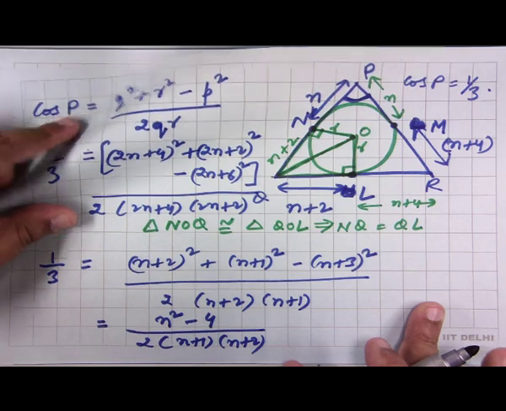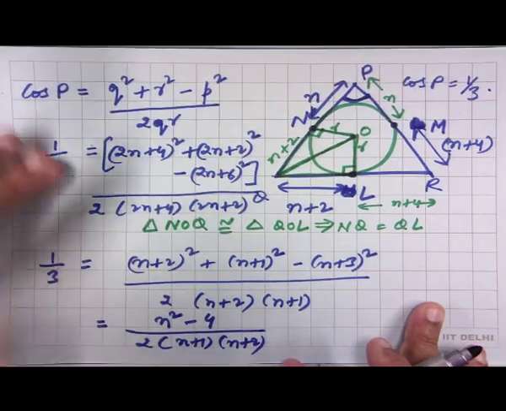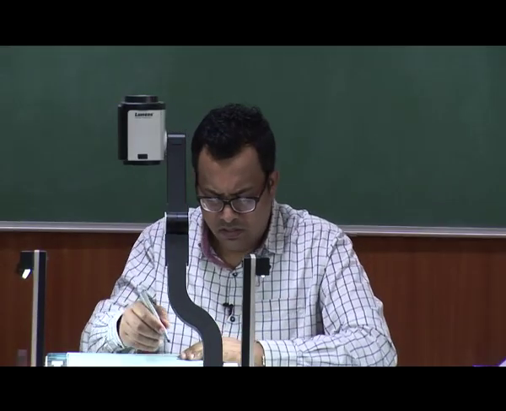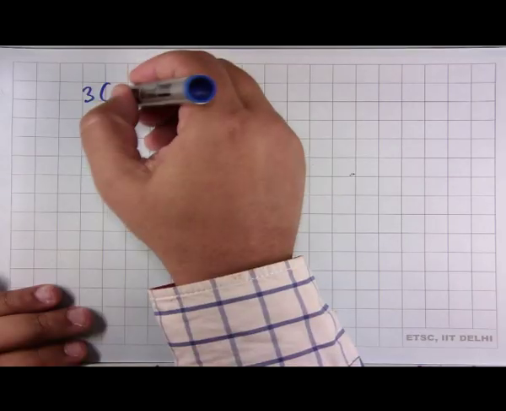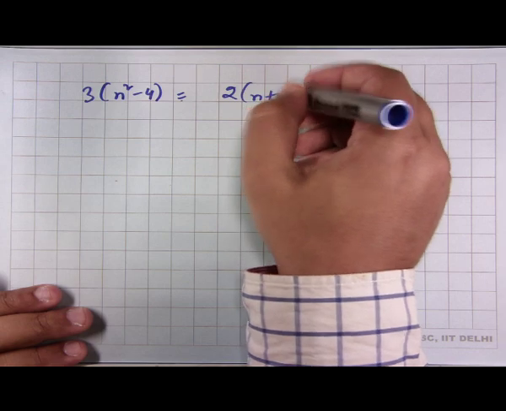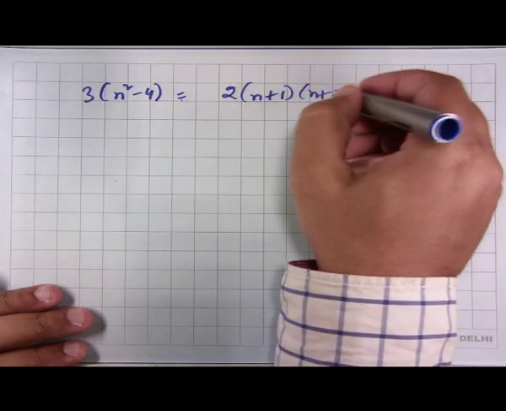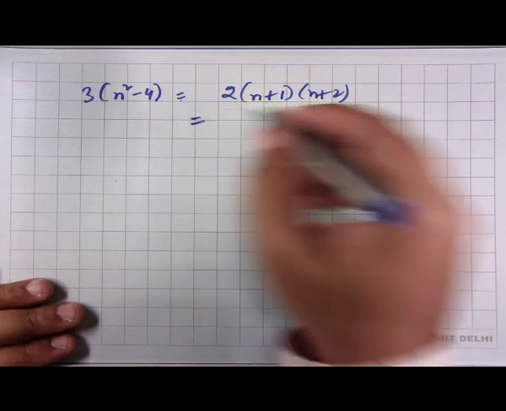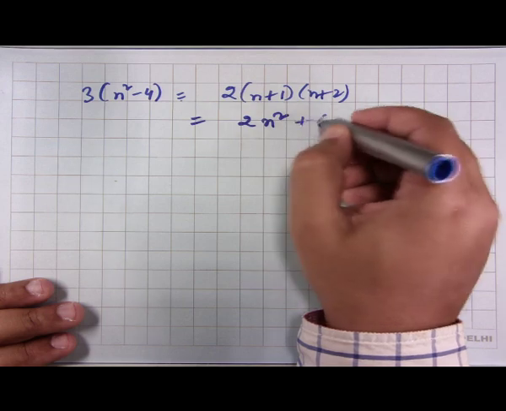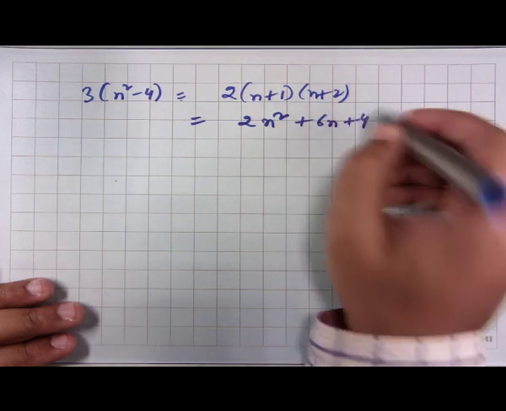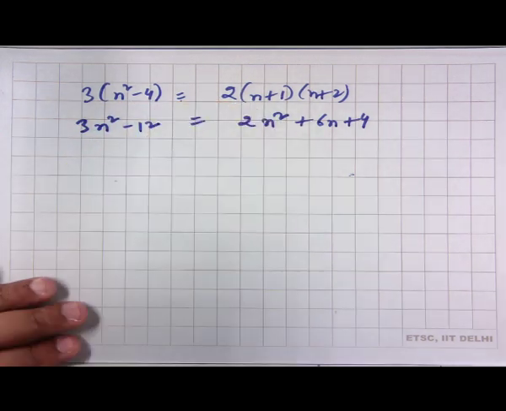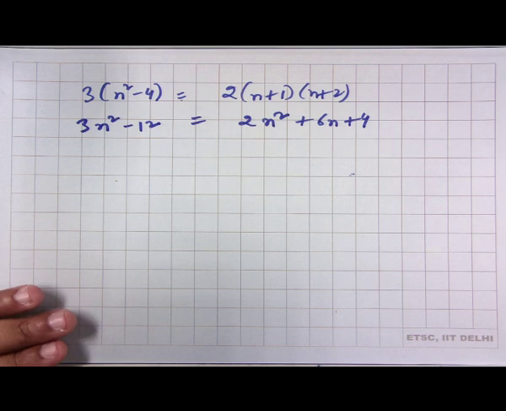So, taking this forward to the next slide, we get 3 into (n square minus 4) is equal to 2 into (n plus 1) into (n plus 2), which is equal to 2n square plus 6n plus 4, and here we have 3n square minus 12.